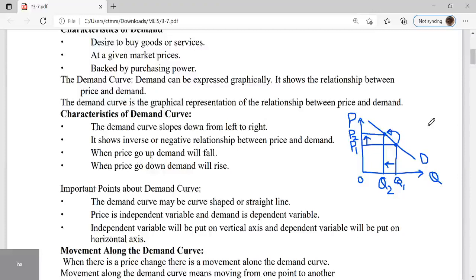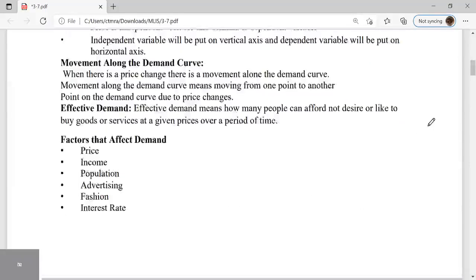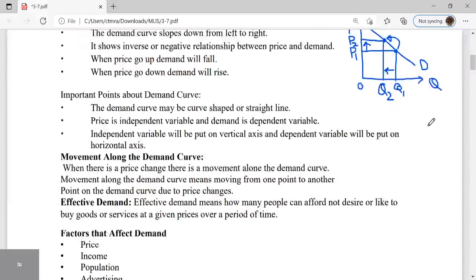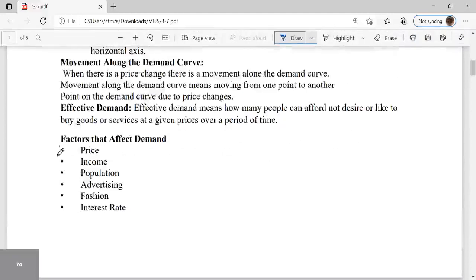So the other name for this kind of change is movement along the demand curve, because within the same demand curve it's moving from one point to another. And another thing is that there are other factors, other than price.